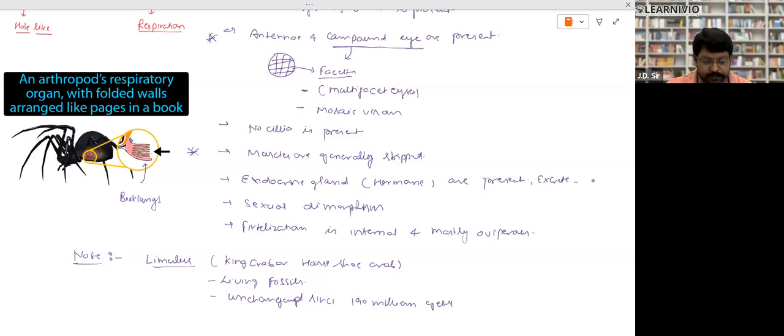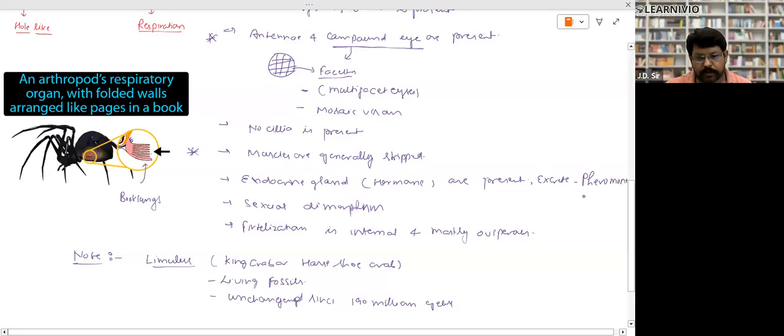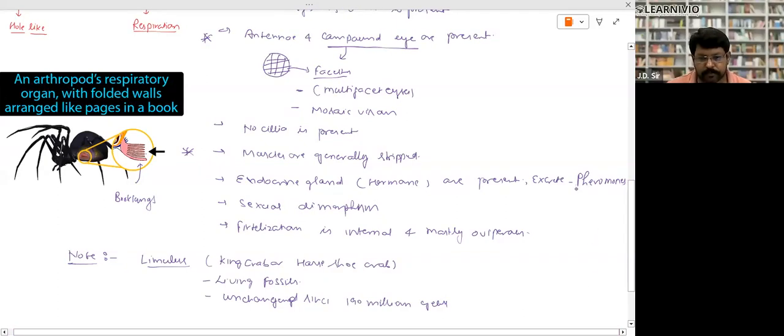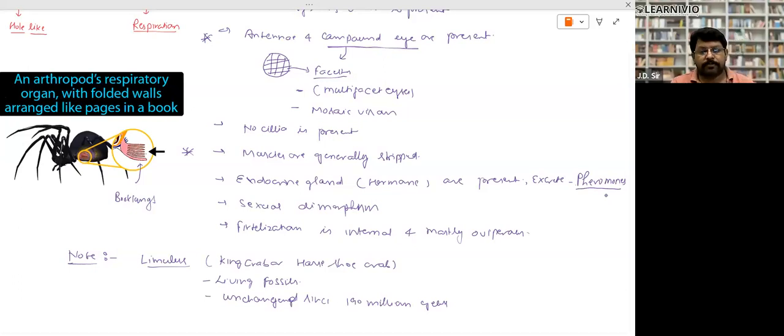What are pheromones? Pheromones are a type of chemicals which are secreted from the body of the organism, and they attract the opposite sex.